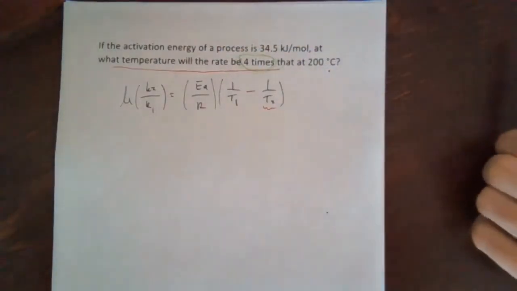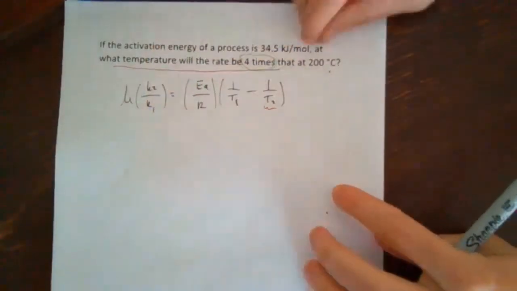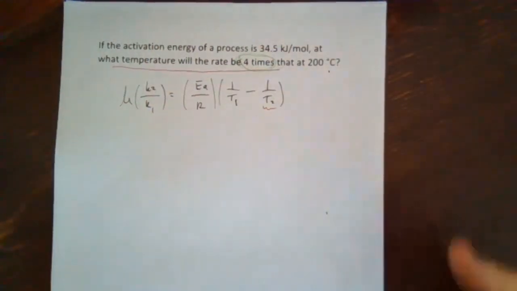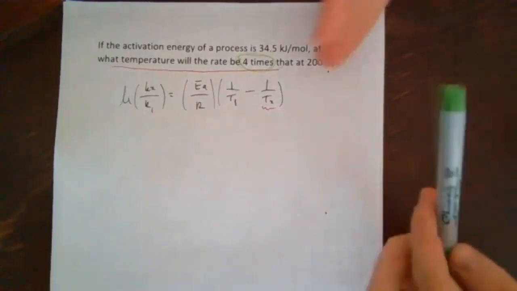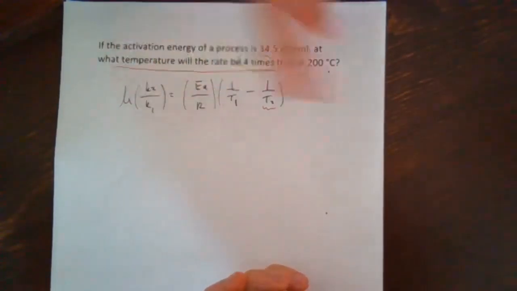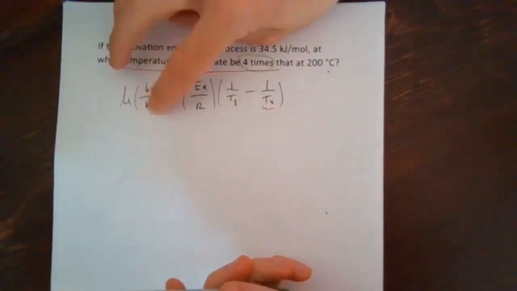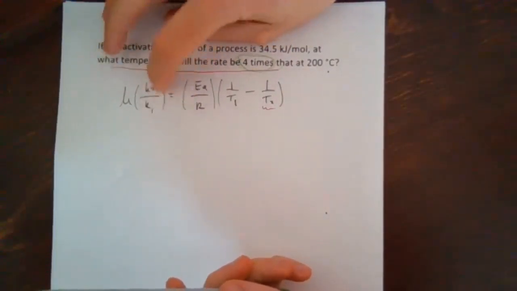The temperature dependence of rate is all contained within the rate constant, right? If you think about the rate law, rate is equal to k times concentrations. Concentrations don't change with temperature. The order doesn't change with temperature. And so all of the dependence of the rate on temperature is folded into these rate constants.